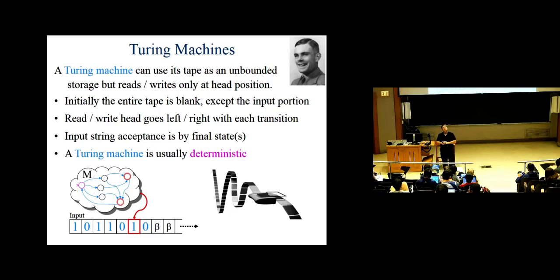Does the machine start with knowledge of how long the input is, or do you just have to figure that out? There's no place where the size of the input is stored explicitly, but if you want to know how big the input is, go to the end of the input, and you can count until you do that, and then you'll know. Now, the word count here is a bit of a misnomer. Where are you counting?